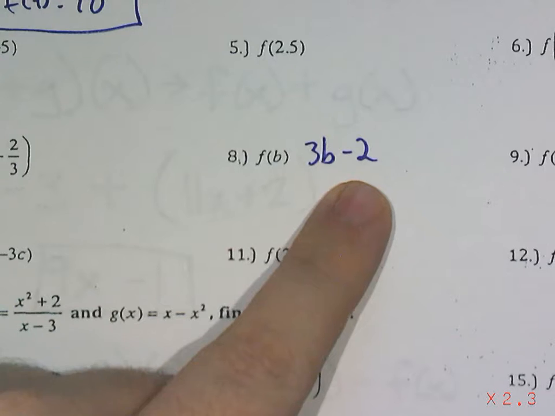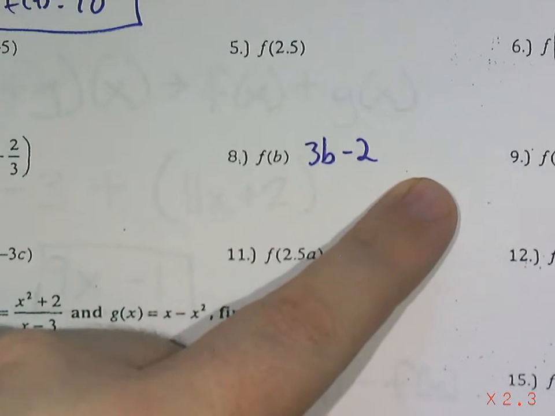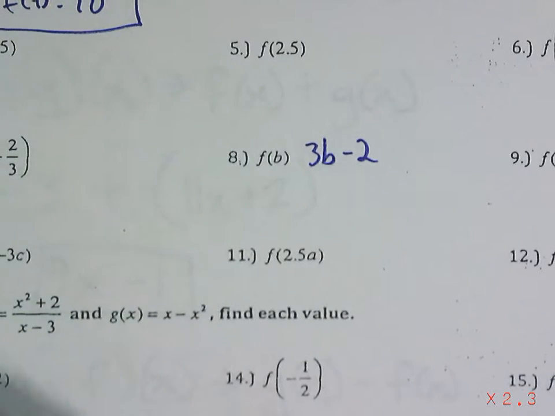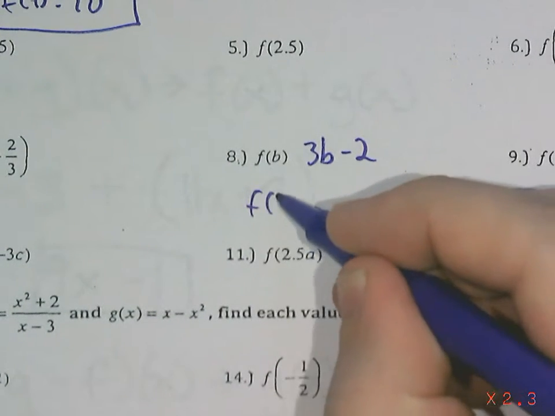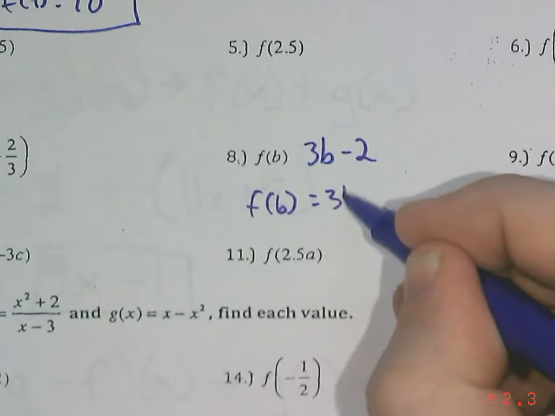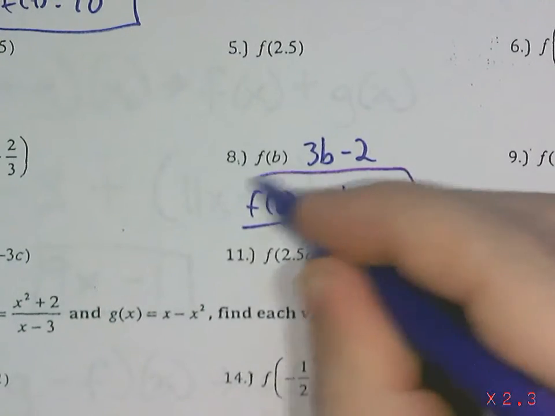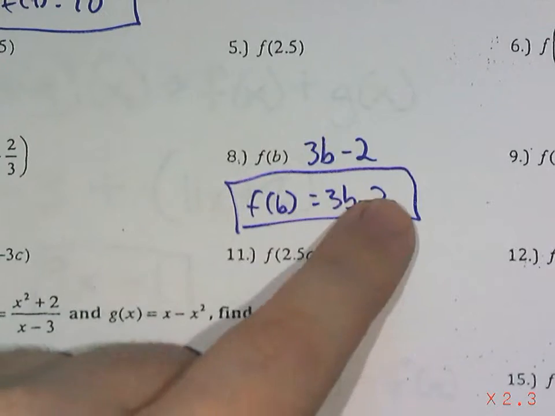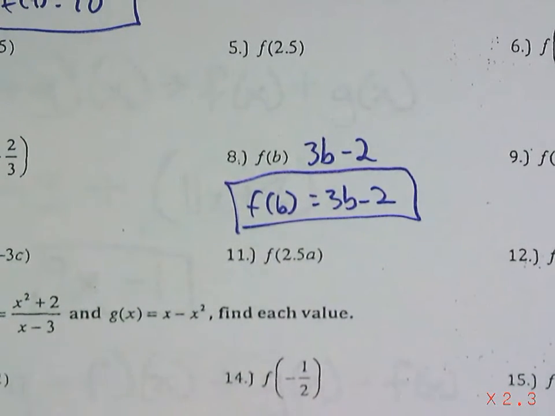Well, do I know what b is equal to? No. So these aren't like terms, I can't combine them. There's nothing else I can do. So f of b is just going to equal 3b minus 2. That's my answer. All I did was replace the input, simplified as much as I could.